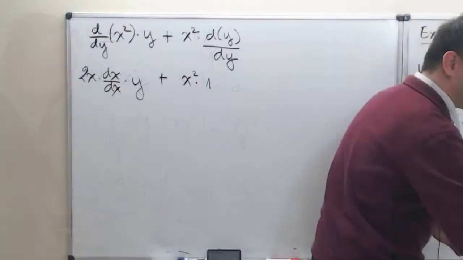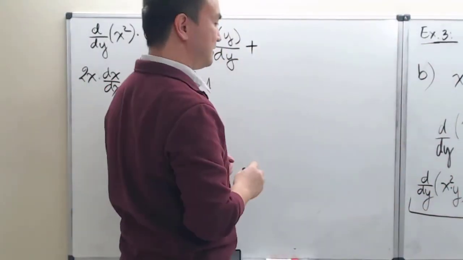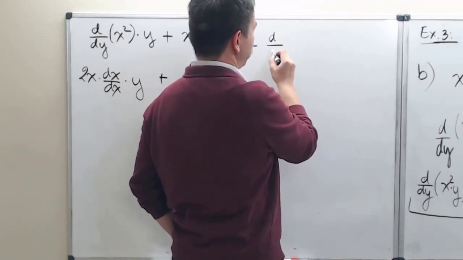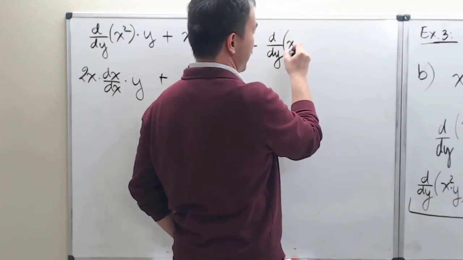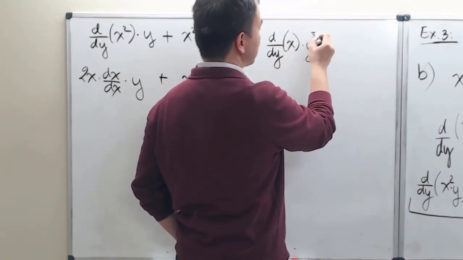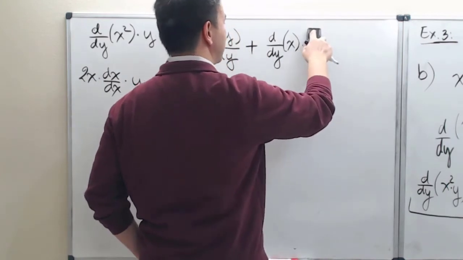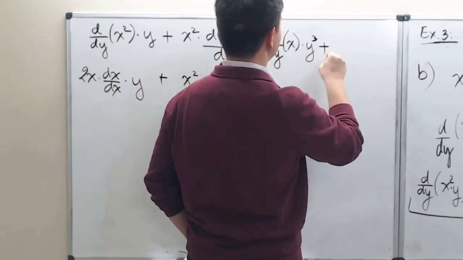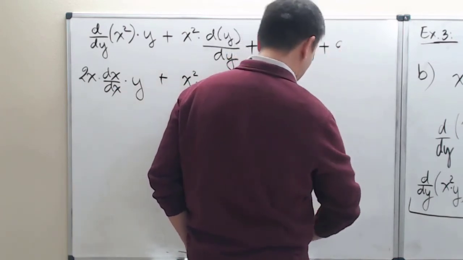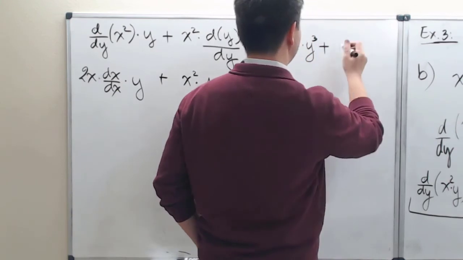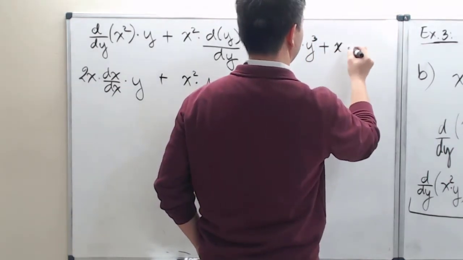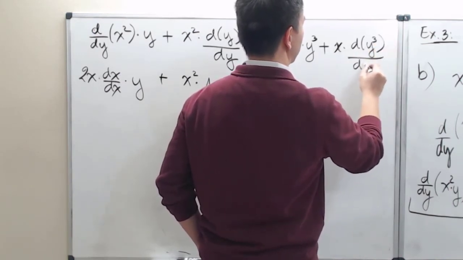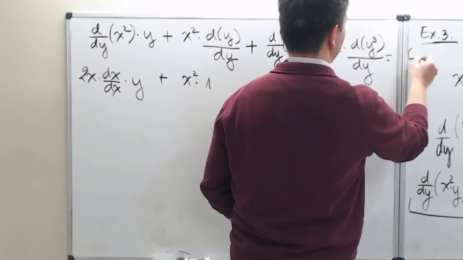So in my next step, the product rule says I'm going to take the derivative with respect to y of the function x, multiply with y cubed, plus, now I'm going to leave the first one the same, and multiply with the derivative of y cubed in terms of y, and all that there equals 0.